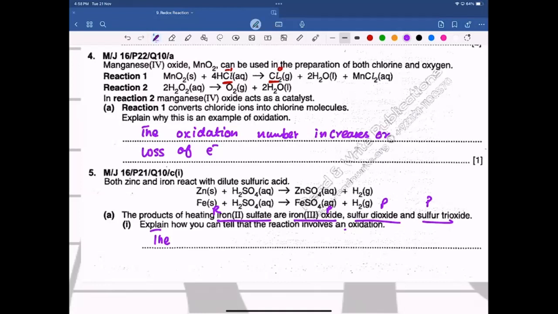Its oxidation number increases. It means it's oxidation. Is this clear? Very good, Khatija. The oxidation number of iron increases.